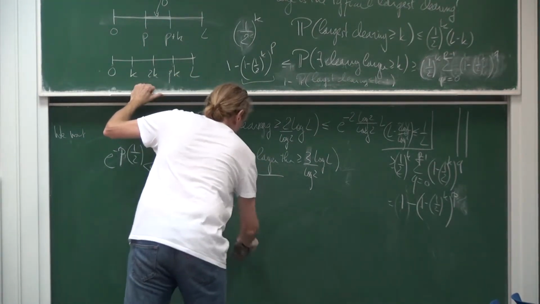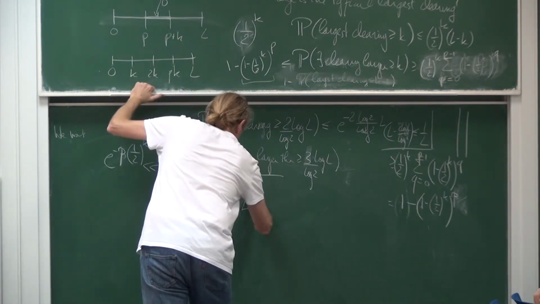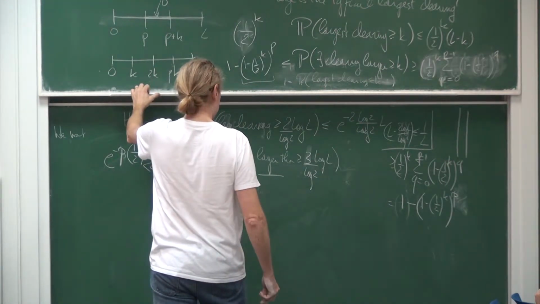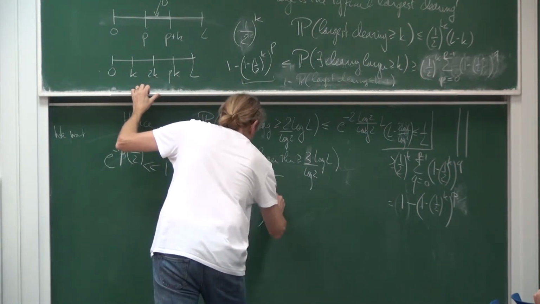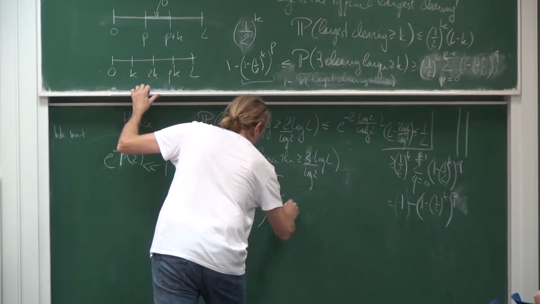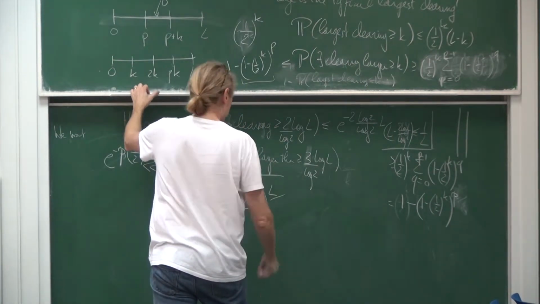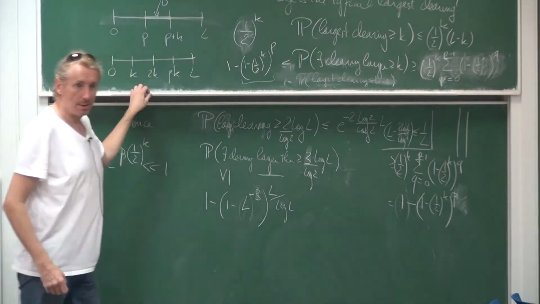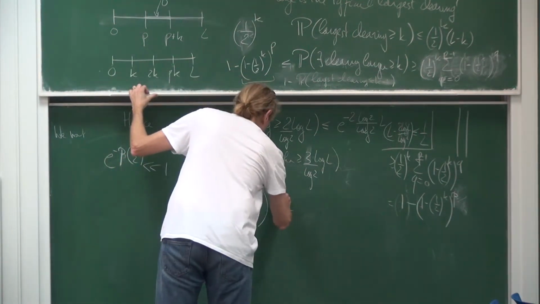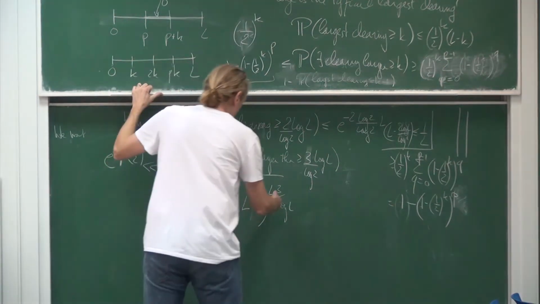So this is L to the minus 3, which of course is an overkill, to the power L divided by... so what do I have? I have p over k, so let's say L over log L. I put a 3 here. Just to get rid of the ones, even a 2 will be fine.